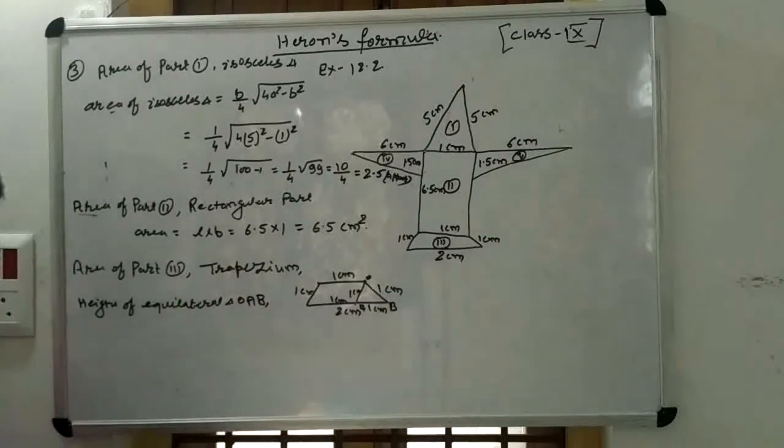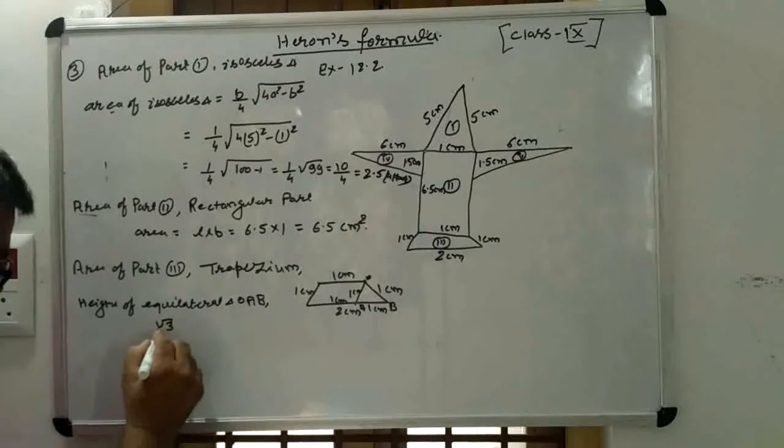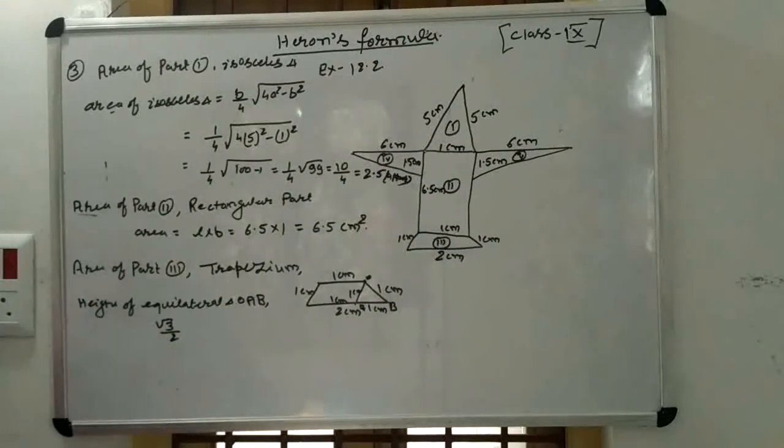We have height equals under root a square minus a square by 4, that is 4a square minus a square by 4, 3a square by 4, root 3a by 2.